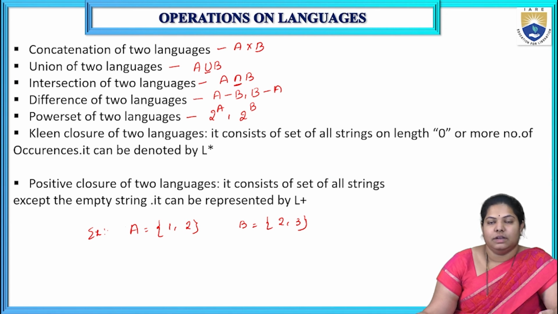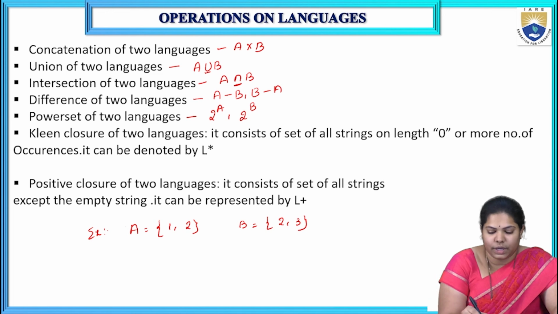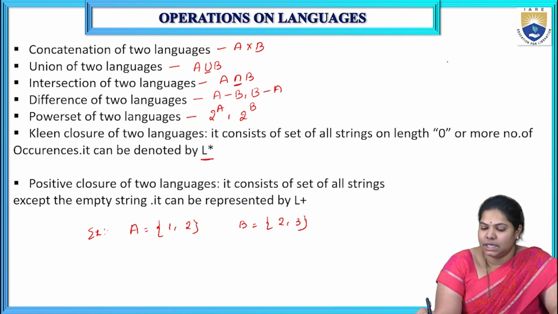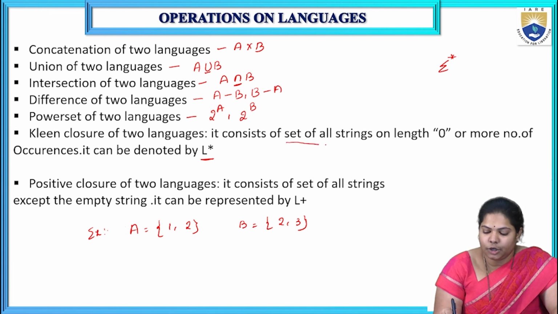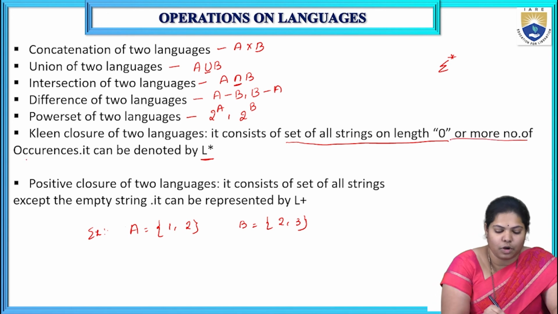Kleene closure. We represent the Kleene closure of the languages by using L star. Basically, if it is a Kleene closure, we represent it by using sigma star. If it is a Kleene closure of languages, we represent it with L star. So what is this Kleene closure? It contains the set of all strings of length 0 or more occurrences.